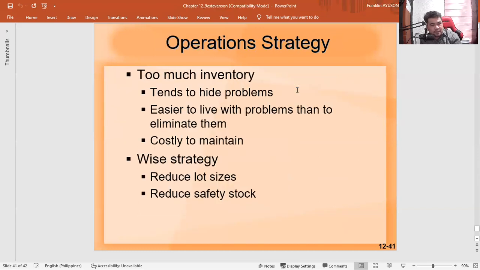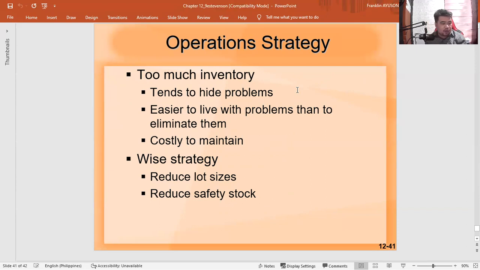So some example, in terms of operation strategy, too much inventory tends to hide problems. Easier to live with problems than to eliminate them. However, it is very costly to maintain. So therefore, a wise strategy is reducing lot size and reducing safety stocks.